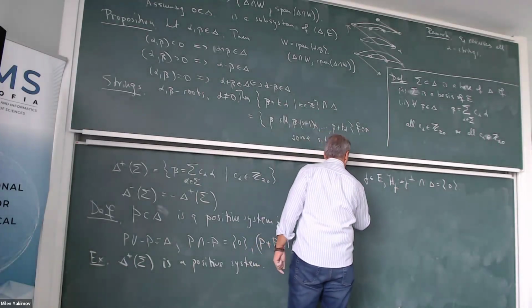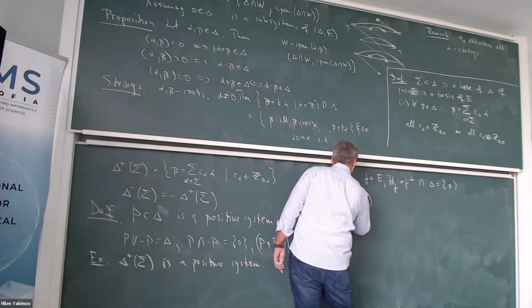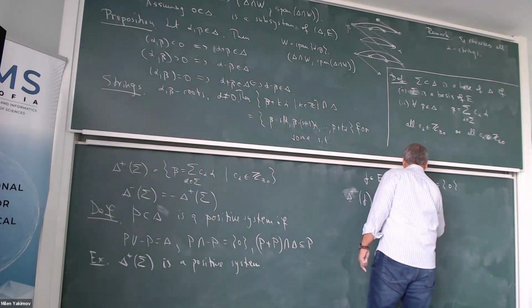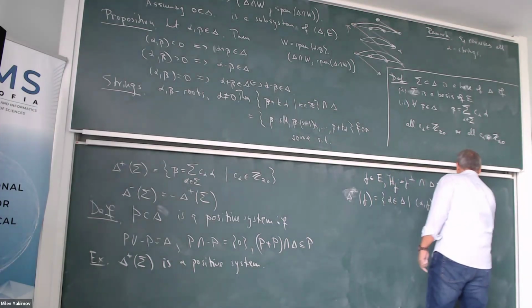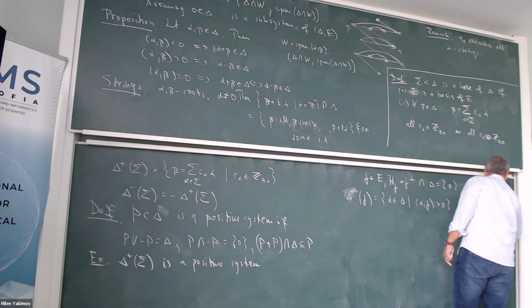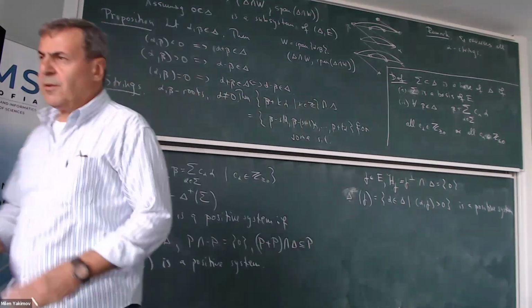So delta plus of gamma is all alpha in delta such that the inner product of alpha and gamma is positive.